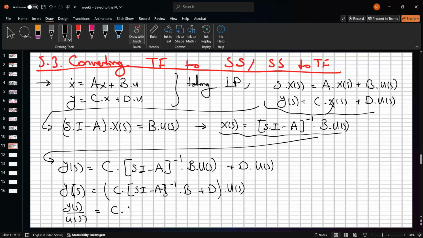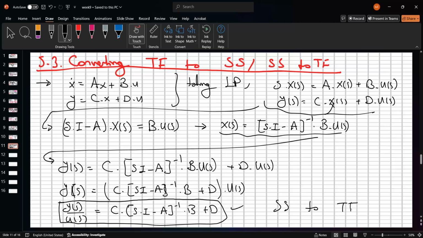C times (sI minus A) inverse B plus D. And so this is the method of SS to TF. If you have A and B and C and D, you can convert everything into the transfer function based on this theorem.